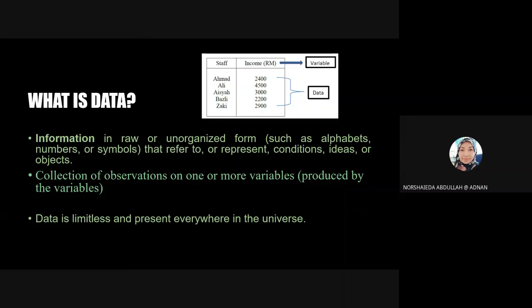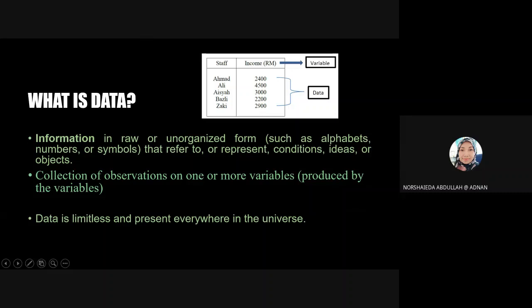Or data is a collection of observations on one or more variables, and the data is produced by the variable. Data is available everywhere around us, and it is limitless.